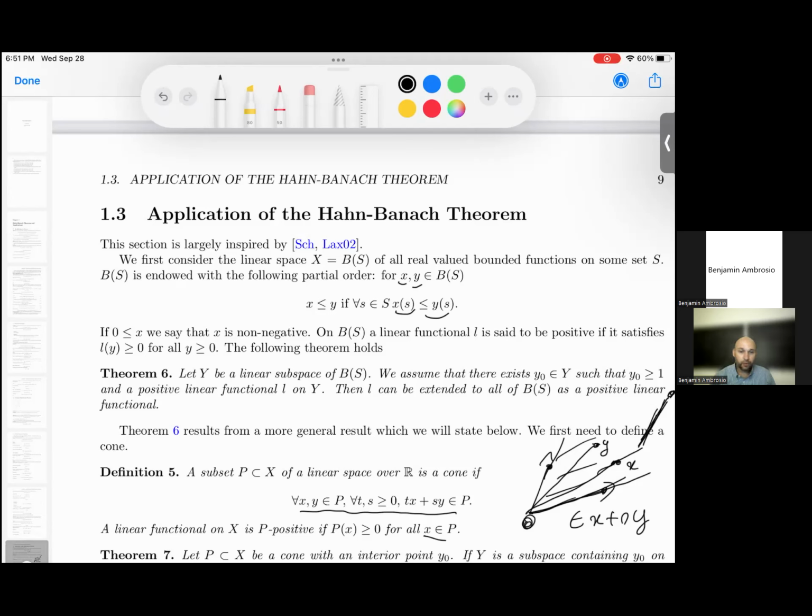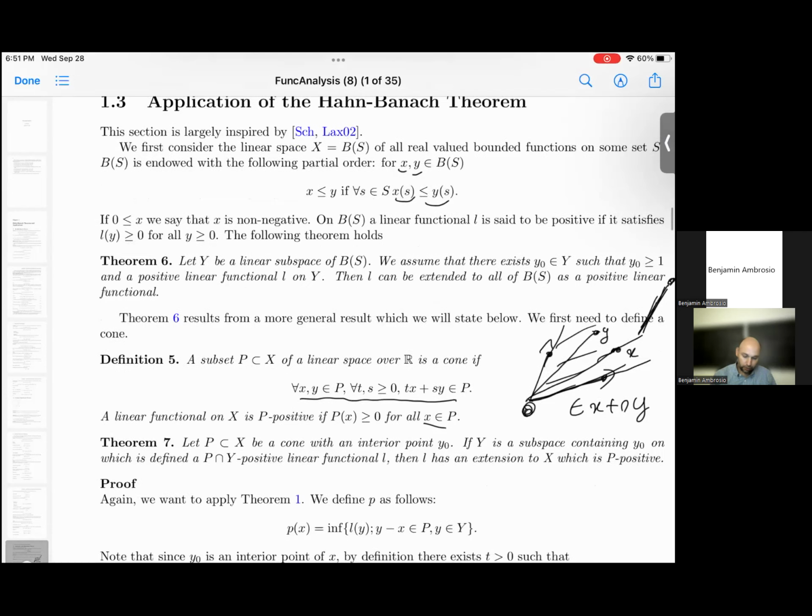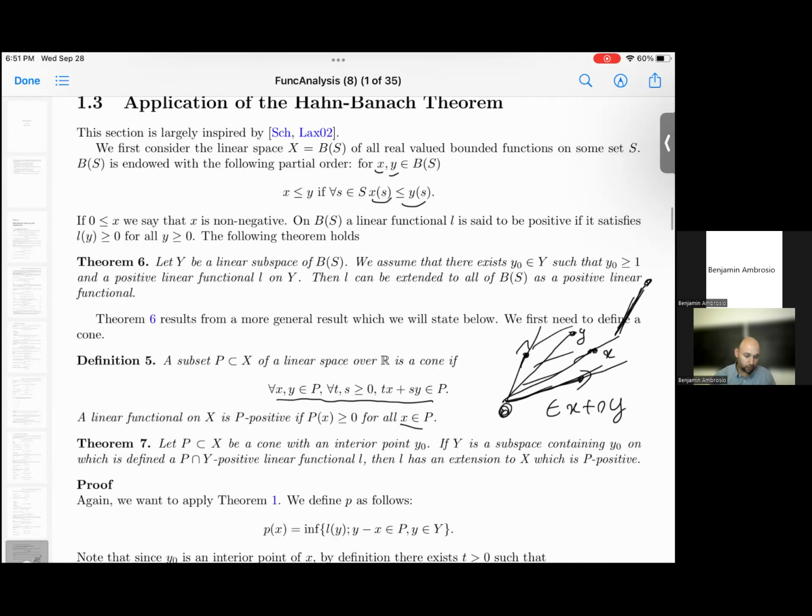So with this setting now, we also have a theorem, and the theorem is the following.